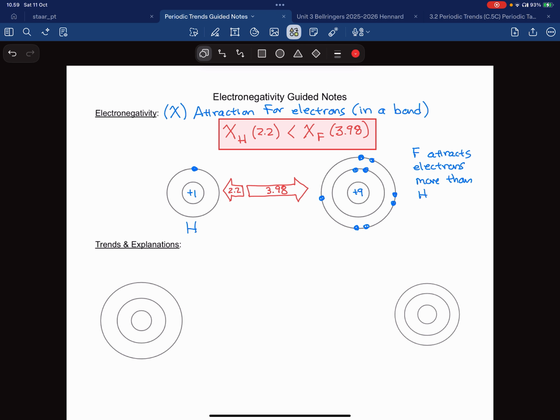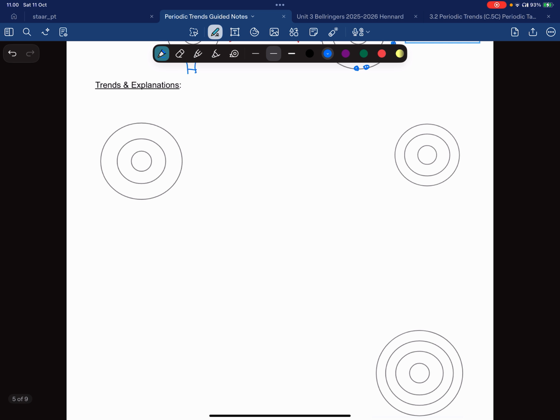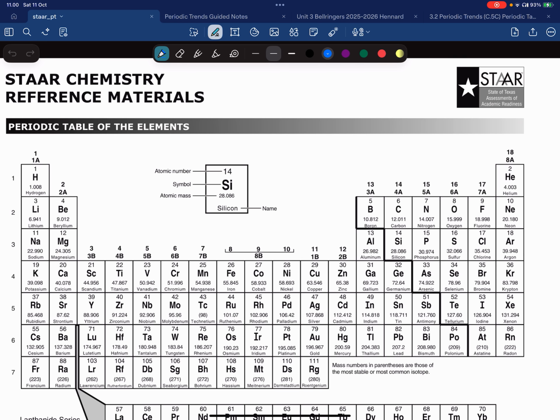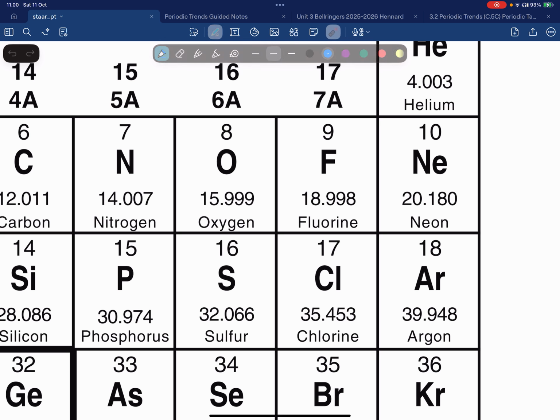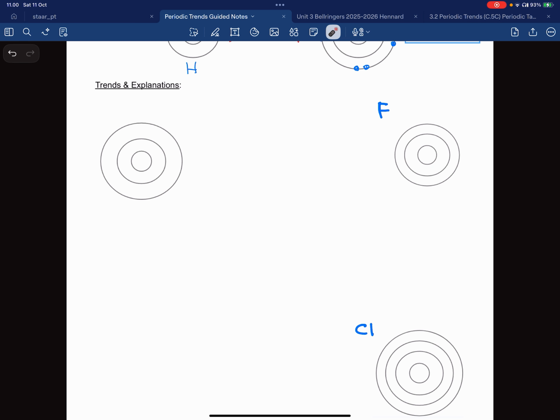Okay, so the trends are fairly straightforward. Now let's take a look at the reasons. Okay, so this time we're going to go over to the right, and we're going to say this is fluorine right here, and this is chlorine right here. All right, and we're going to do the same analysis that we've done before. So fluorine has 9 electrons, chlorine has 17.